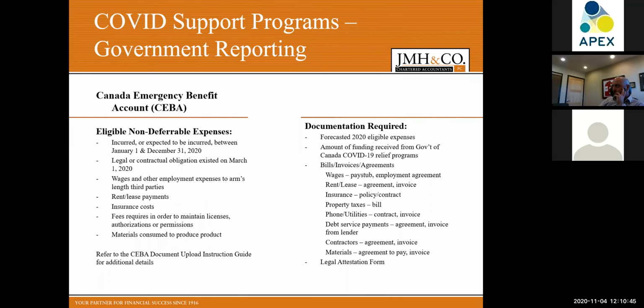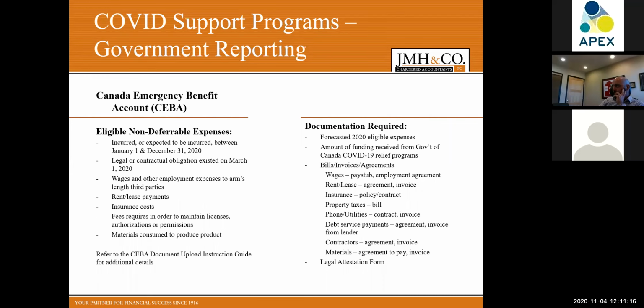So an example of this is maybe your internet, your phone bills, your utility bills, that sort of thing. When you're submitting your application, they will actually allow you to forecast what those will be going forward. So if you have a standard fixed monthly contract fee, they aren't only going to allow what you paid up until October, you can also forecast what November and December are going to look like. And there's a formula in that upload instruction guide on how to calculate those.